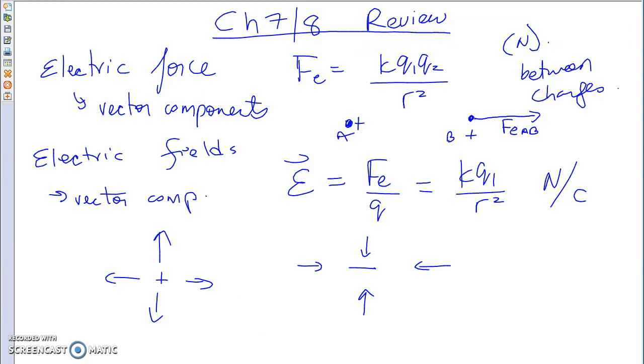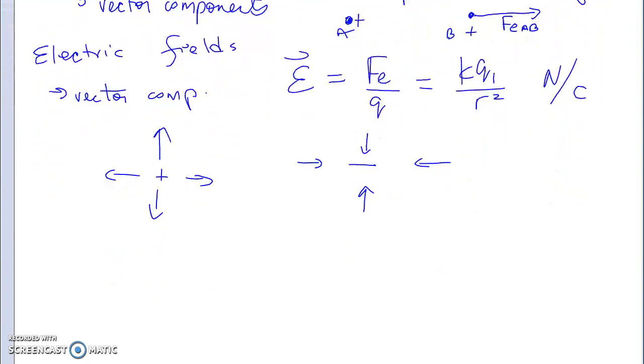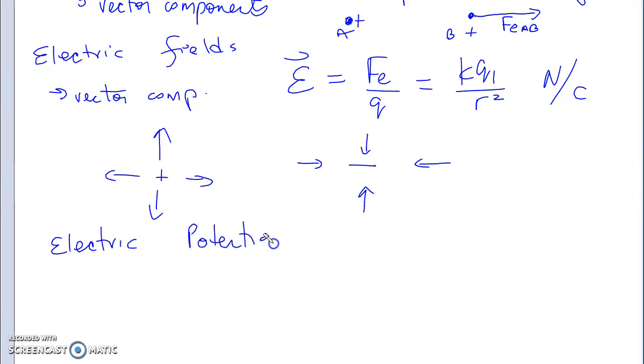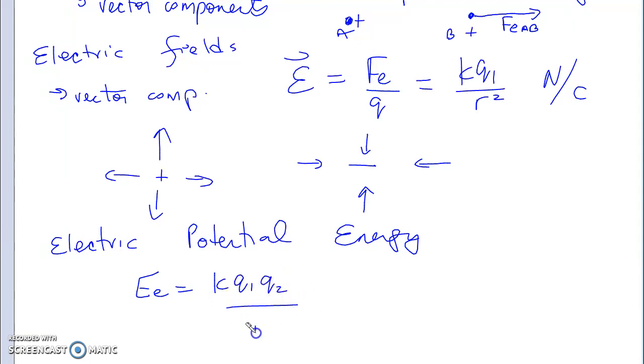Okay, the next thing that we talked about after that was electric potential energy. Electric potential energy, that's EE, which equals K Q1 Q2 over R, measured in joules.